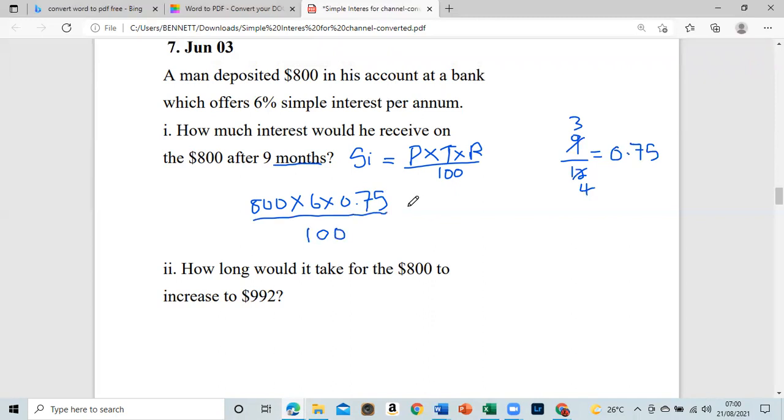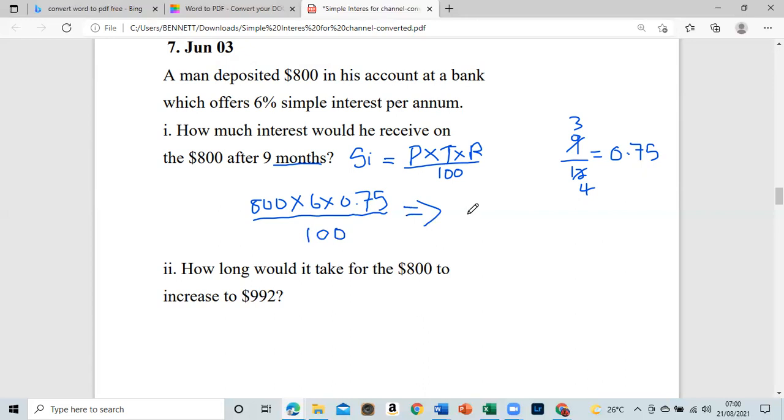Let us work out everything and then get the answer. So that's 800 times 6 times 0.75. That works out to 3,600, and then we divide that by 100.